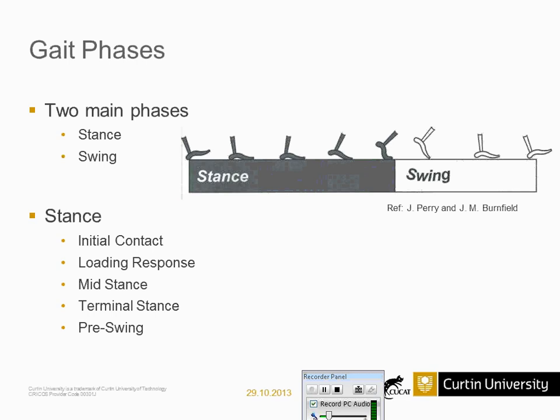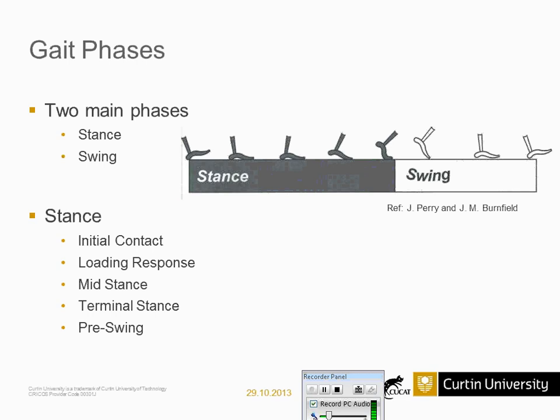If I switch to gait phases, there are two main gait phases. The first phase is the stance, where the particular leg in consideration, or the reference leg, is in touch with the ground, and the other phase is swing, where the reference leg is in swing.